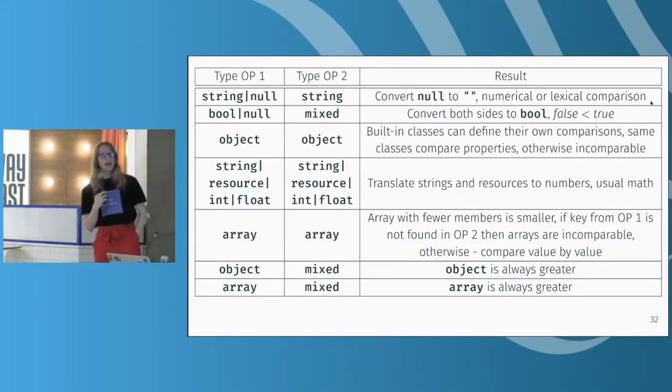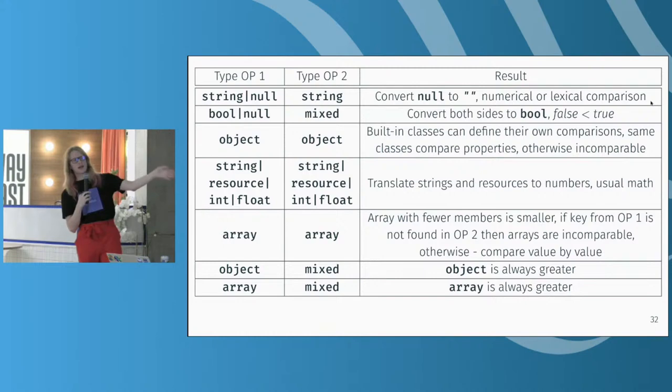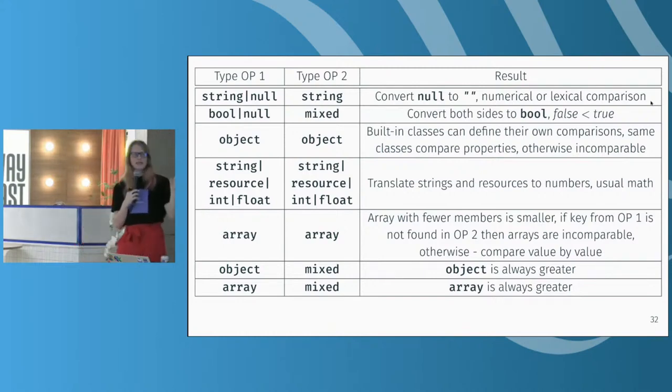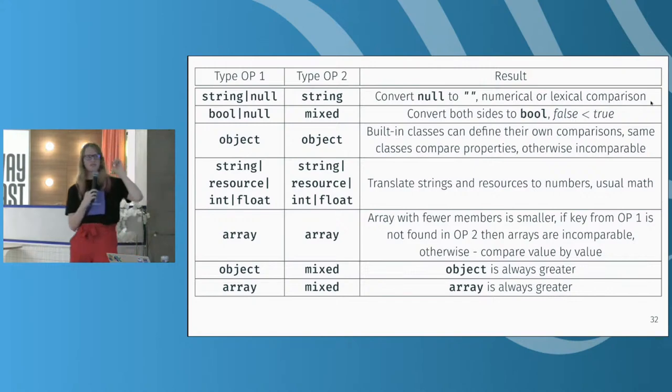Same classes compare properties, otherwise they're considered incomparable. Strings, resources, integers and floats translate the strings and resources to numbers, then do the usual math.